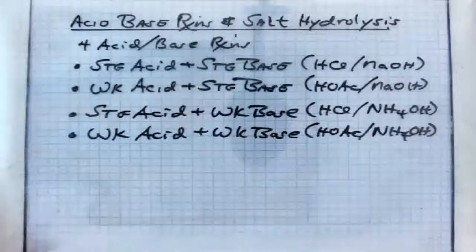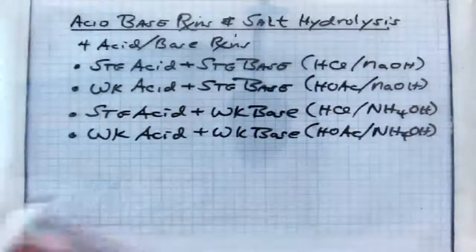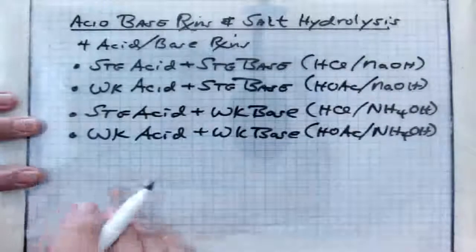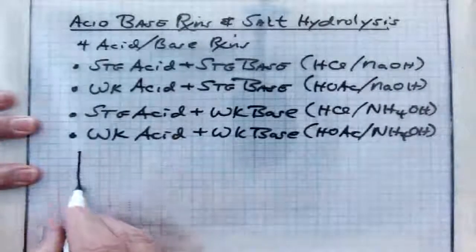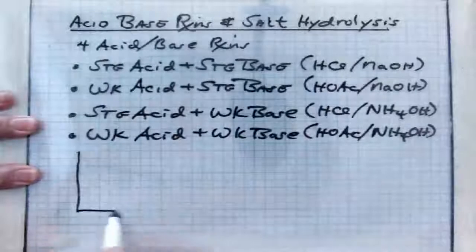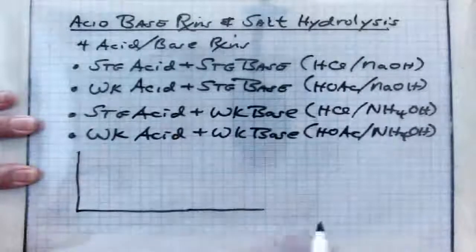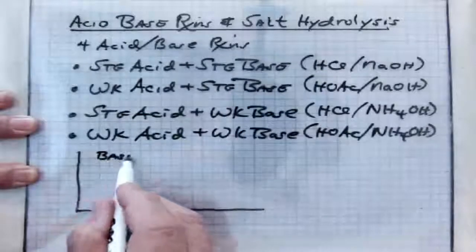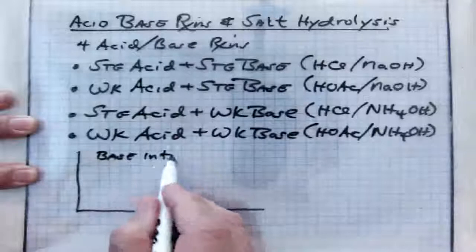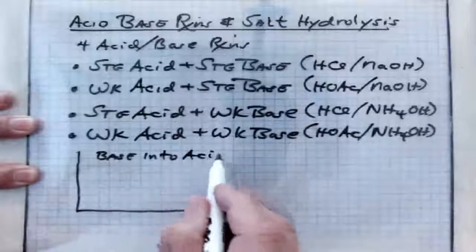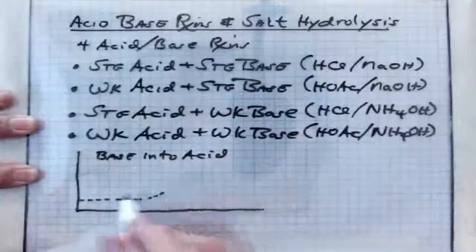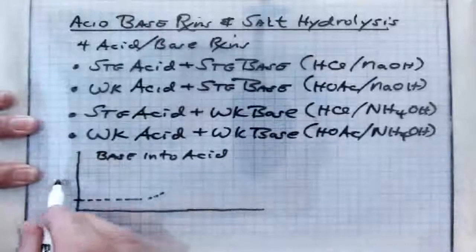So for example, if we have a base into acid, you'll have a titration curve that will start at a low pH and concentration of base and generate a titration curve that has this trend.